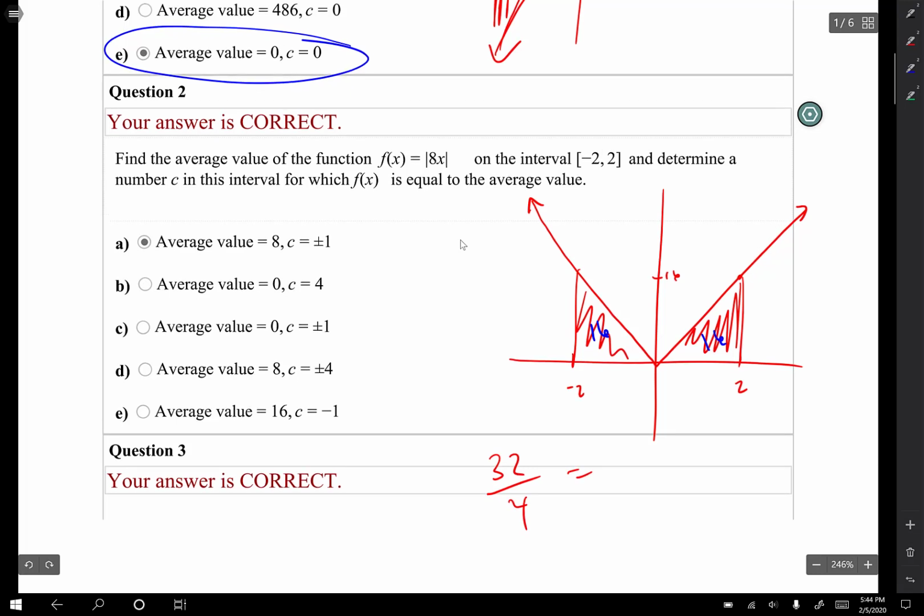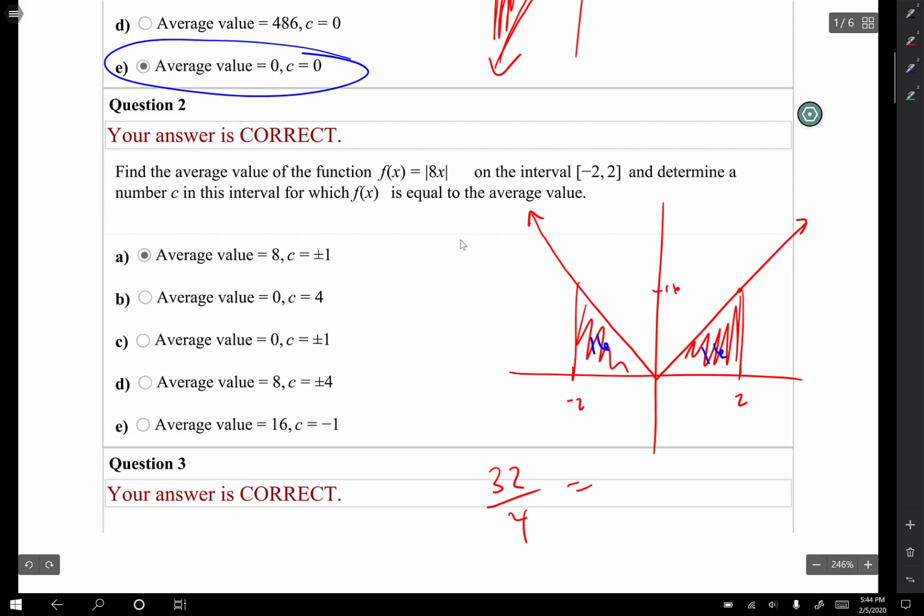So 32 divided by 4 is 8. So this is my average value. So now it wants to know at what c value do I equal 8. So you just set this expression, 8x, equal to 8, and you can see that that happens at 1. And it's also going to happen at -1. So at 1, it's 8, and at -1, it's also 8. So there it is.